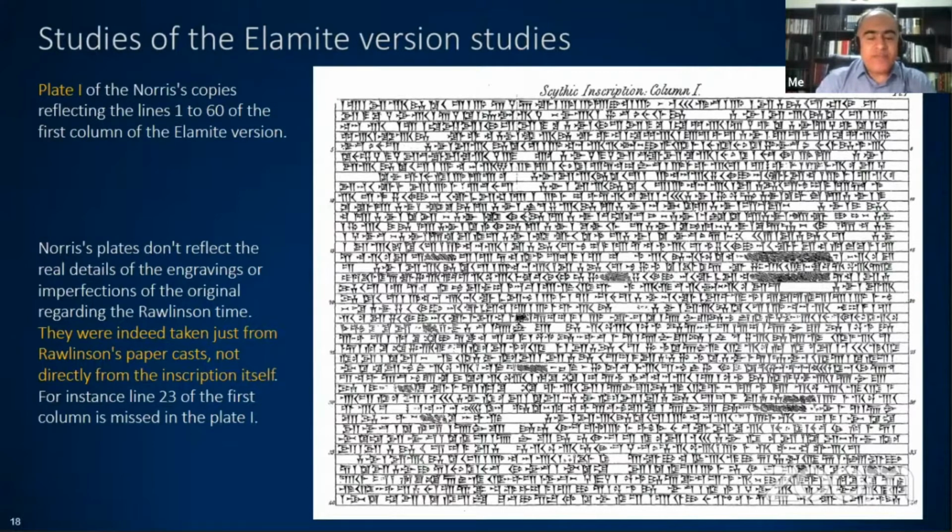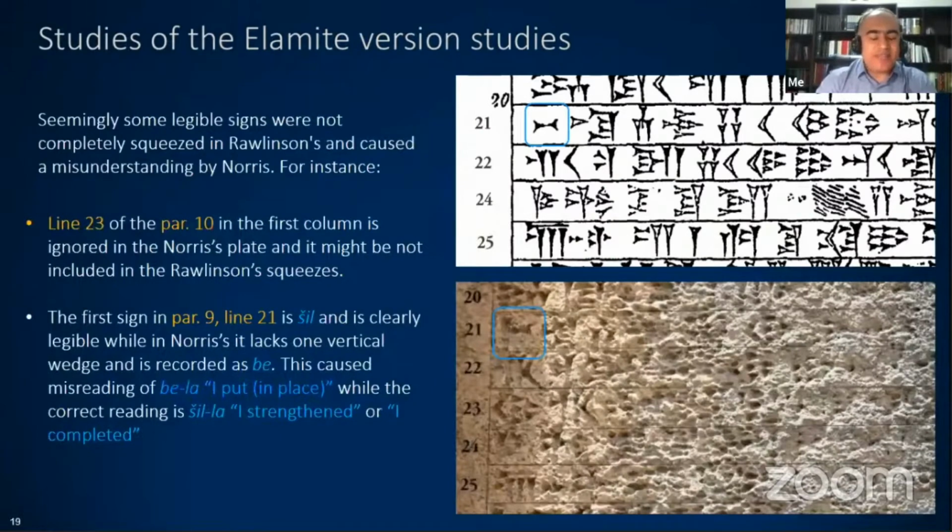Norris drew the wedges using a pantograph and colored the intact ones. According to the illustrations, he outlined the wedges or partially colored them. However, these plates don't reflect the real details of the engraving and imperfections. They were indeed taken just from Rawlinson's paper cast, not directly from the inscription itself.